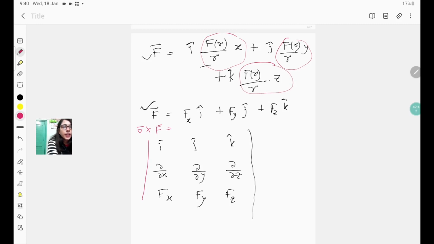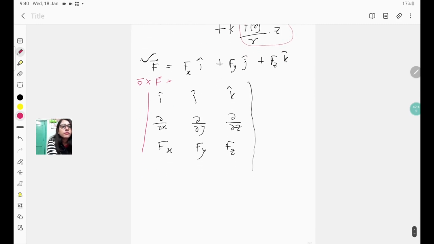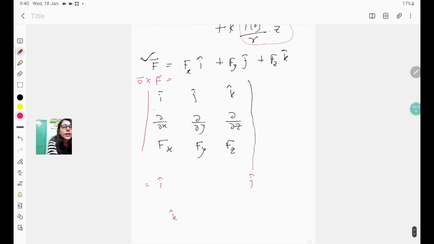Okay, now from here we will have three components. One part will be for i cap, the second part for j cap, and the third part for k cap. The coefficient of i cap is del Fz by del y minus del Fy by del z, minus j cap into del Fz by del x minus del Fx by del z.